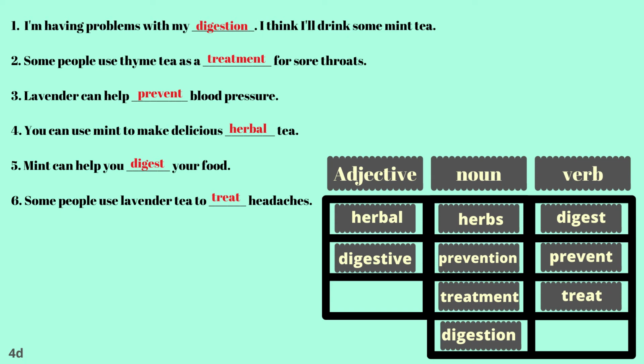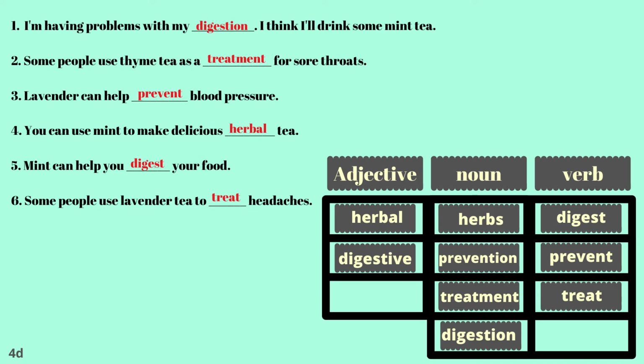And then in the verb column, you should have the words digest, prevent, and treat. So knowing what part of speech these words are, make it easier to complete the sentences correctly.